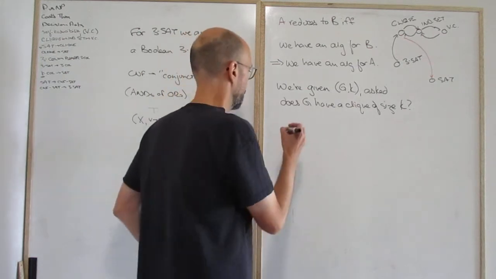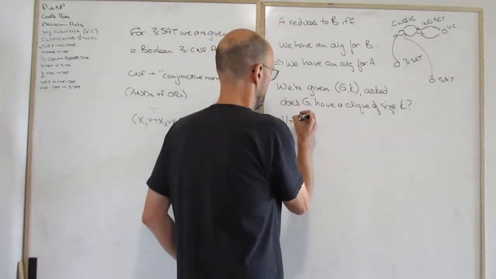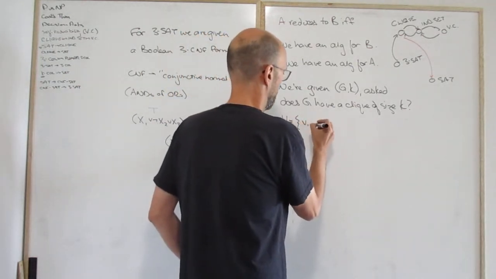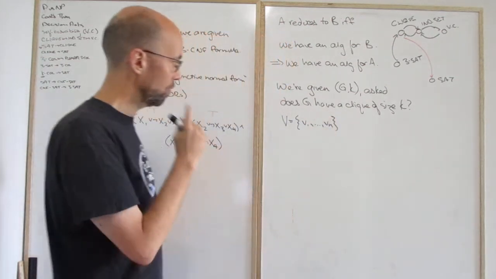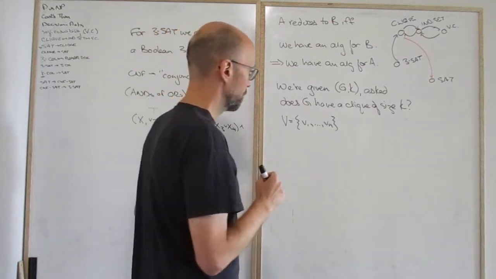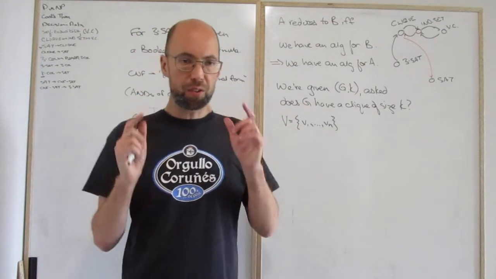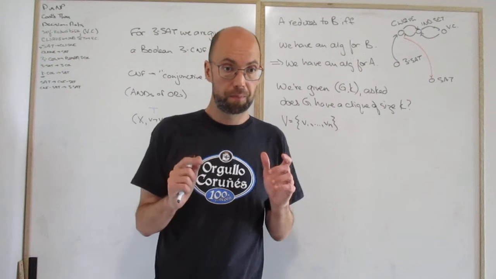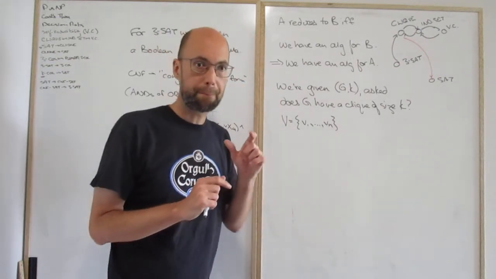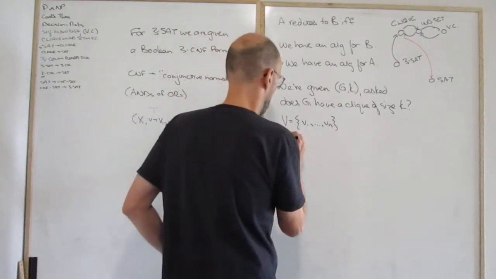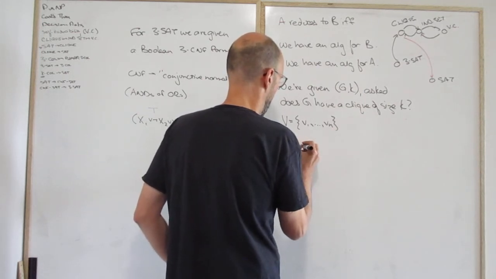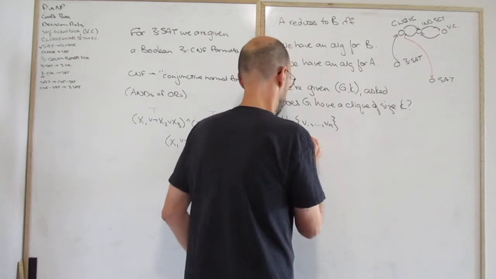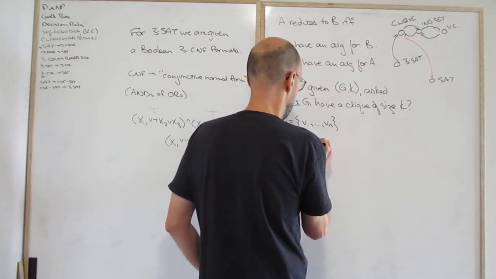Well, suppose that the vertices V equals v1 up to vn. Okay, so now we're going to establish literals. x_i is an indicator variable.